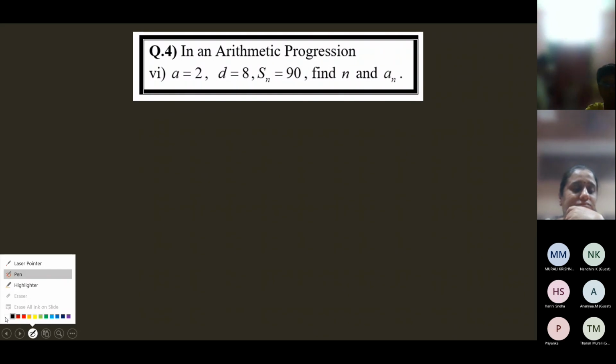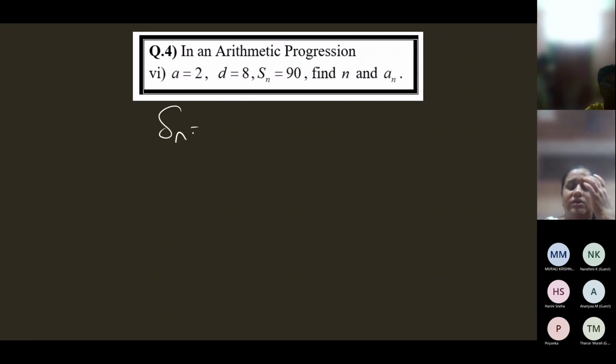We don't know the value of n, but you know the values of A and D. So Sn is equal to n by 2 of 2A plus n minus 1 into D. You can start like this. Sn is equal to 90 is given.